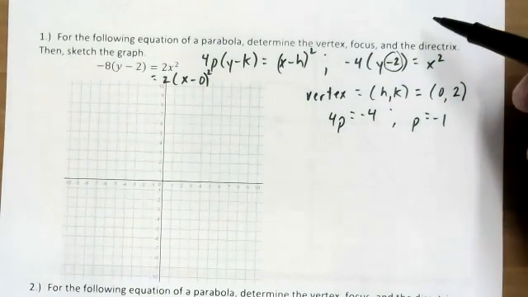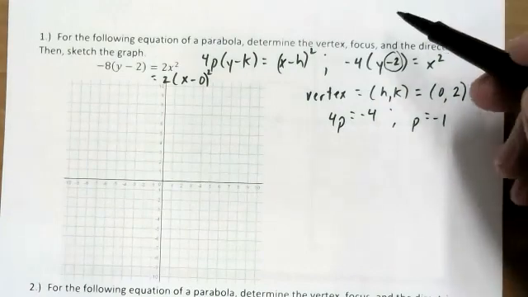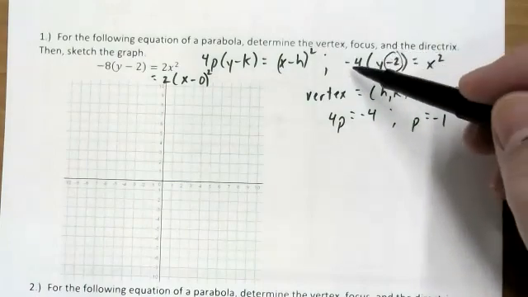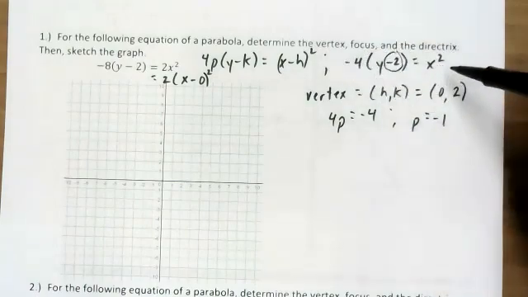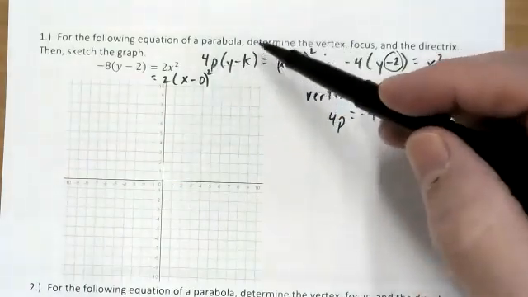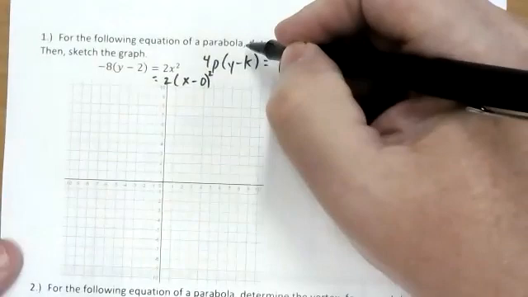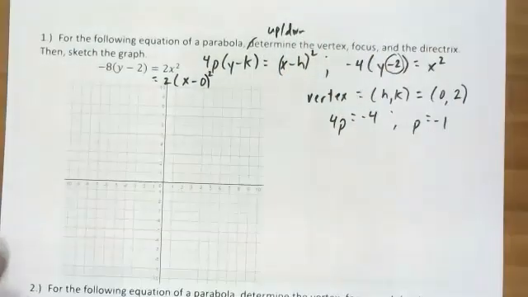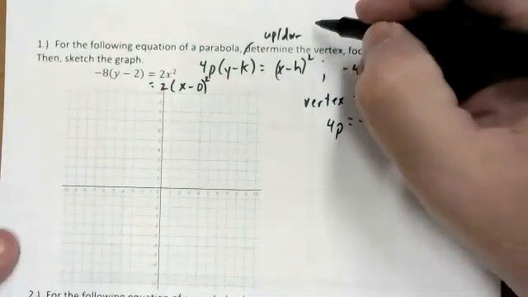Now the one thing I should have mentioned, which I haven't yet, let's just do it now. Once I got this equation in standard form, and I realized that this is the equation I'm going to use, this I know is the standard equation if you have an up or down parabola, right?